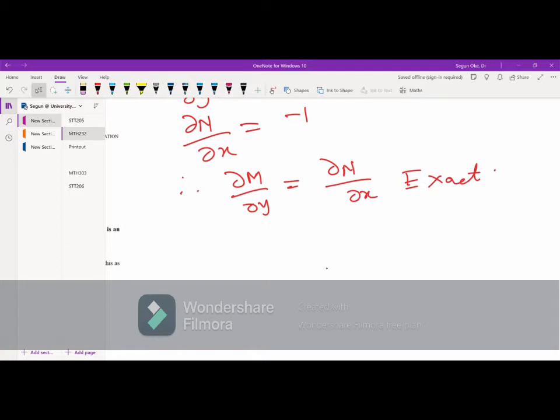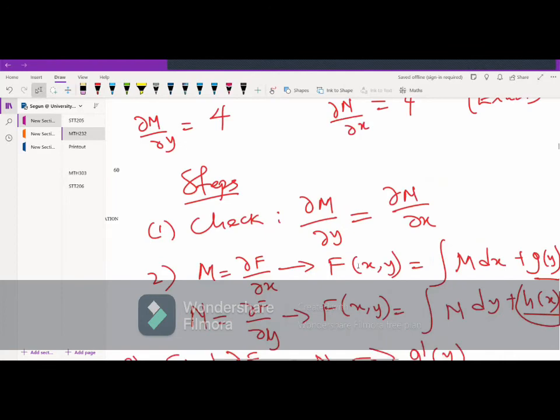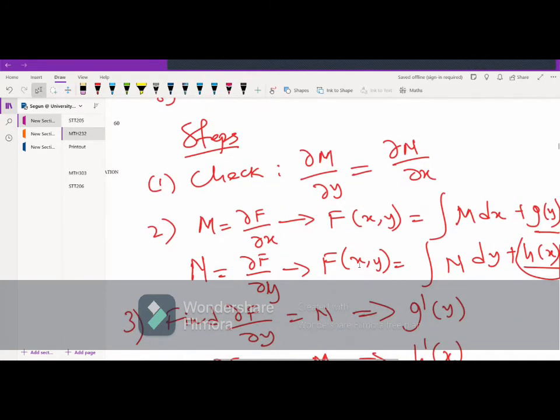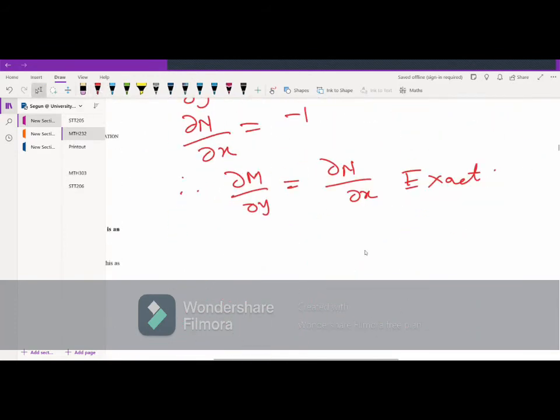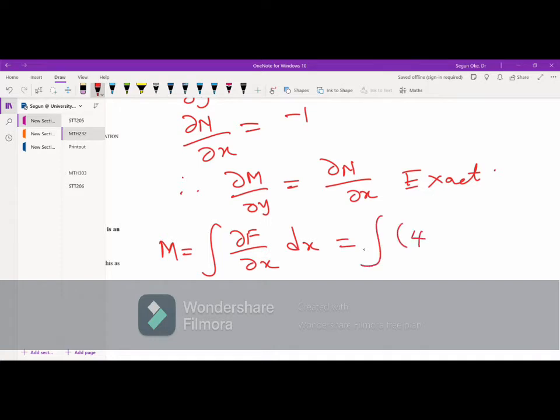Now, that is just by the way. Then I can go ahead and use either of these in step 2. Do I go for 1 or 2? It depends. So I choose to go for M. If I go for M, I'm going to have the integral, don't forget, of f sub x, which is the integral of 4x minus y dx.